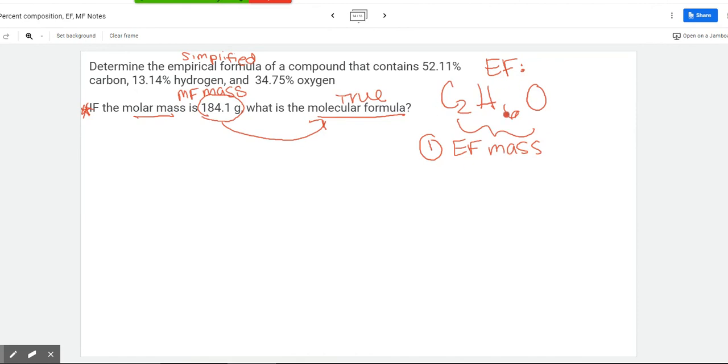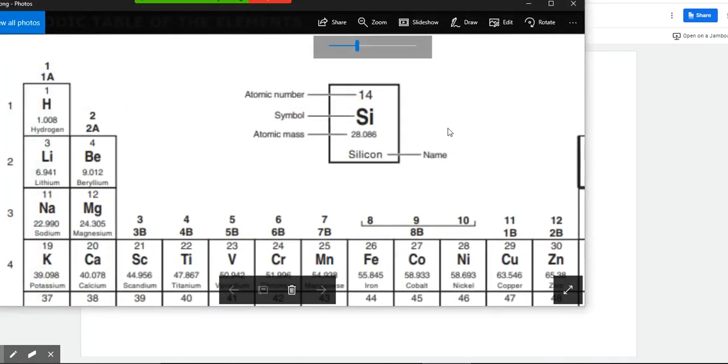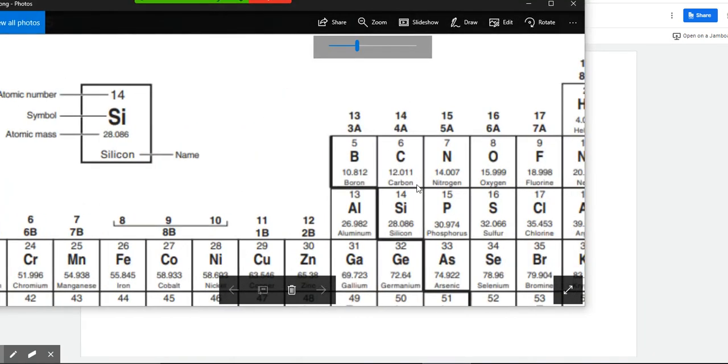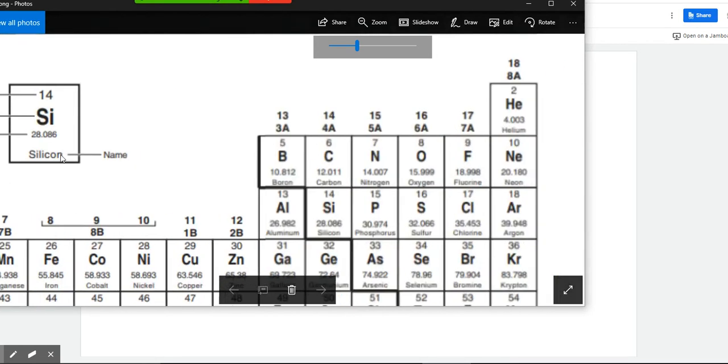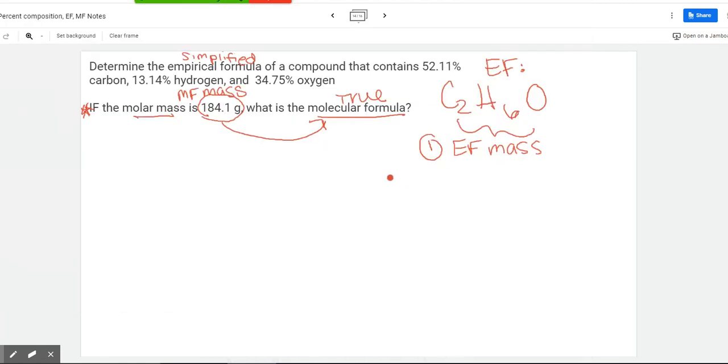And that's going to be the step that you start with. So once you have an empirical formula, the first thing that you do with it is you got to find the mass. So what we're going to do is we're going to refer to our periodic table. So once again, carbon is 12.011. Hydrogen is 1.008. Oxygen is 15.999. So we're going to go ahead and add together 2 times that 12.011 plus 6 times the 1.008 plus 1 of the oxygens, 15.999. Okay.